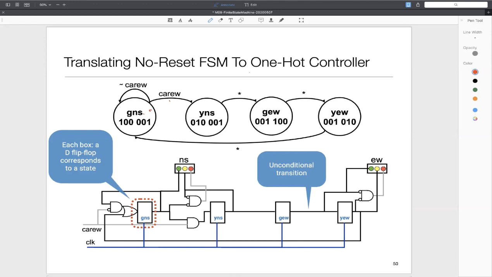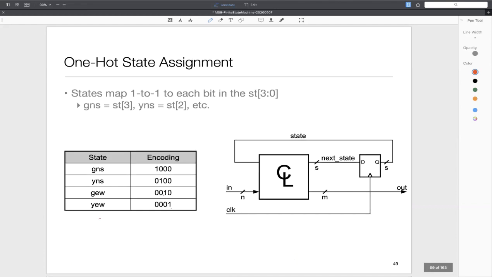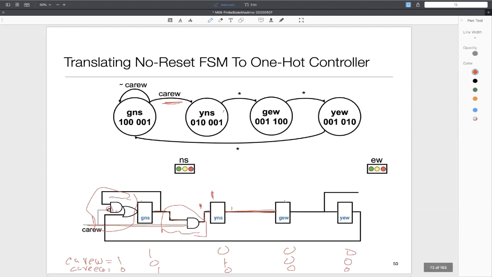So the flip-flops can be only in 4 possible states: 1, 0, 0, 0; 0, 1, 0, 0; 0, 0, 1, 0; and 0, 0, 0, 1, which correspond to our 4 one hot coded values, which we decided here. So if the GNS flip-flop has a 1 in it, then that means I am in the GNS state. Okay, but how does the flip-flop output 1 from the one hot-coded representation?